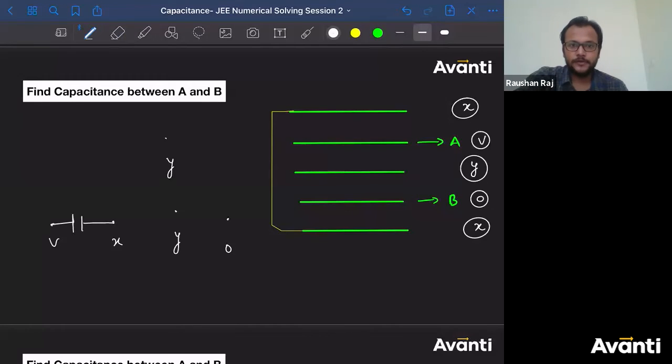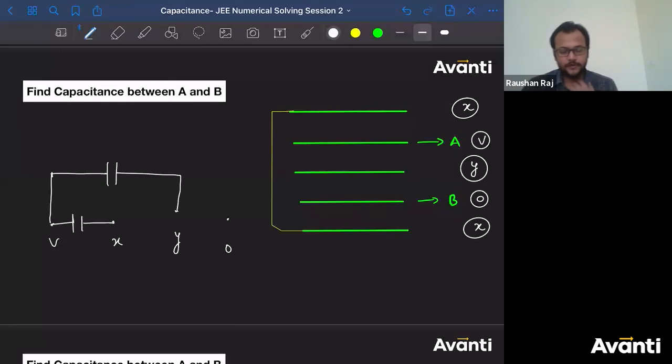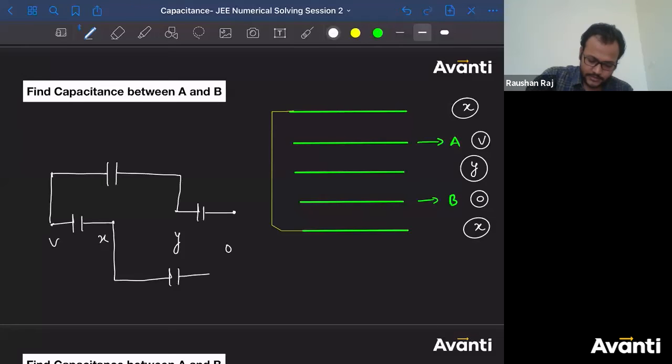ठीक है बच्चा लोग। Okay, hang अभी भी है क्या? हाँ, अभी भी है। ठीक है, so second one between V and Y. All right. अच्छा, third one between Y and 0. ठीक है, fourth one between 0 and X, and this one is 0.